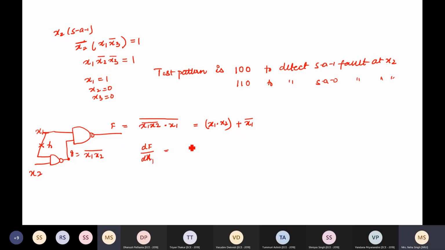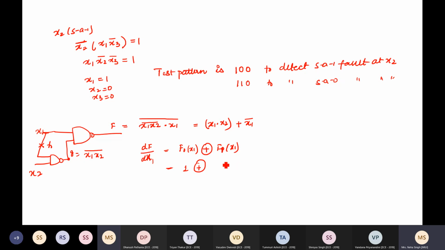Differentiate this with respect to x1, that is, you put f0 x1 XOR f1 x1. Put x1 equal to 0, तो ये 0 हो जाएगा. This will be 1.